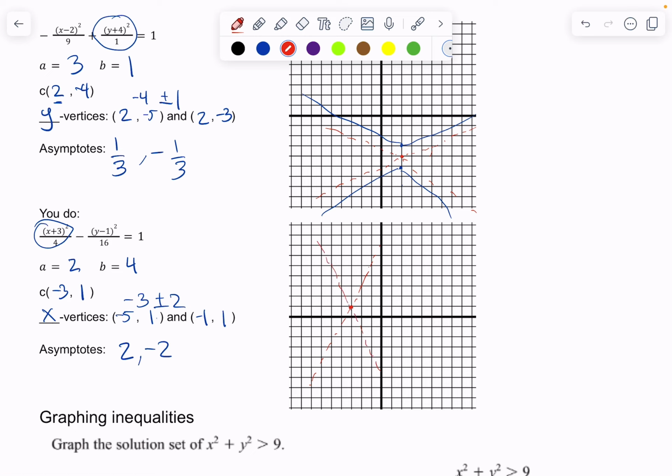So I know that this is in the x, so it's going to be opening left and right. And I can switch my colors to get that point. -5, 5 and 1, and -1, and so it's like this, opens like this.